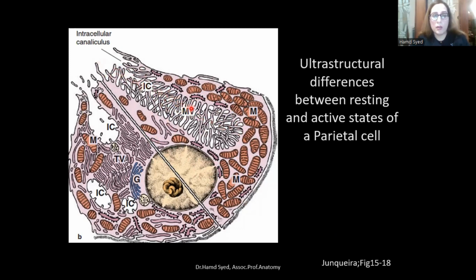You can see the invagination, and within this, you can see lots of microvilli projecting. Let's compare it on the other side, in the resting state, you can see the number of mitochondria is less, and the intracellular canaliculus is very short, and it has hardly any microvilli within it. Instead of the microvilli, within the cytoplasm we can see these tubular vesicles.